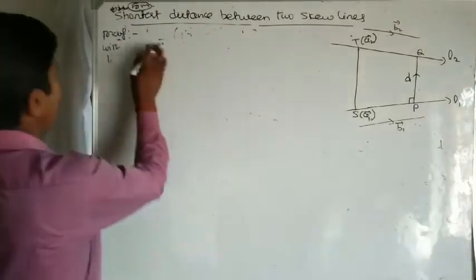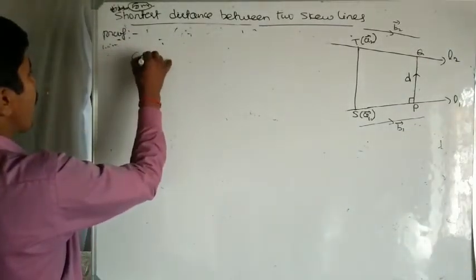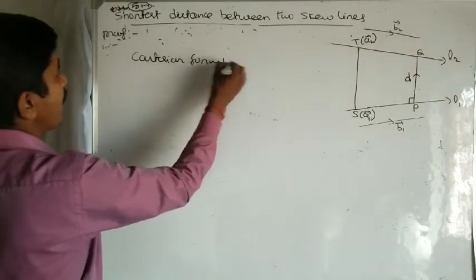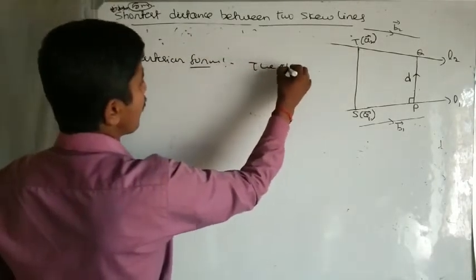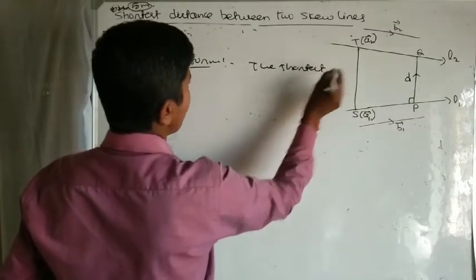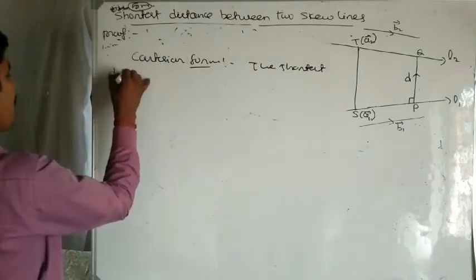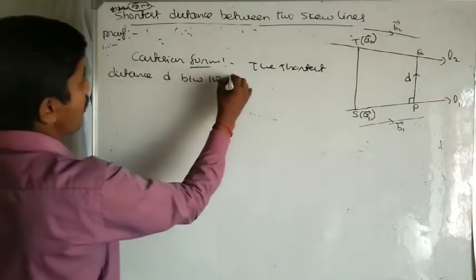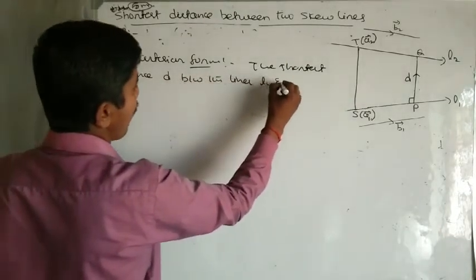Next, in Cartesian form, as a continuation. Directly I am taking the shortest distance D between the lines L1 and L2.